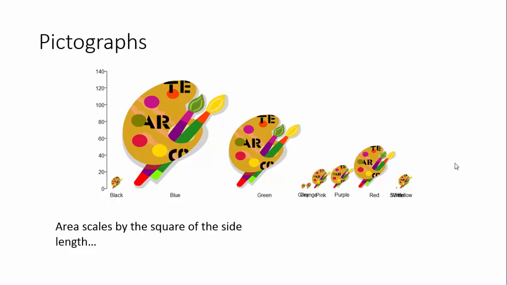But what's weird is that the red palette, all the way to the right, looking at this picture, is kind of small. Compare it to the blue. Remember what we said: red was a little less than half of blue. And if you look at that, red looks a lot smaller, and that's because your eye is tracking the area.